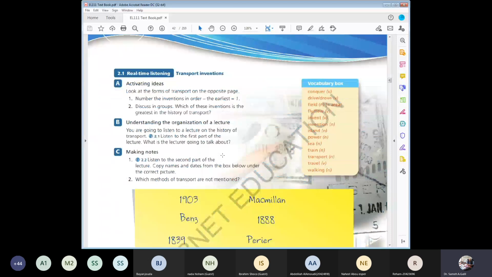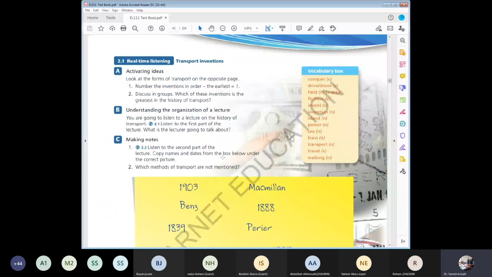Okay, right. So again, we're talking about transport inventions. What is it that we want to do? We need to look at the forms of transport on the opposite page. Before we look at those forms of transport, what are the forms of transport that you can think of? What form of transport do you use to come to university?